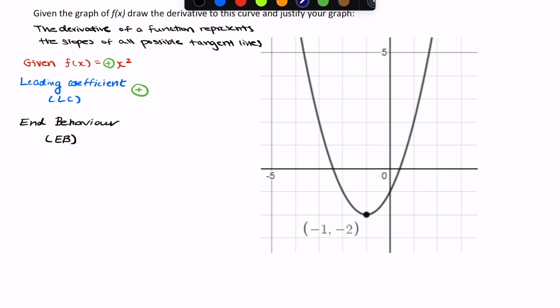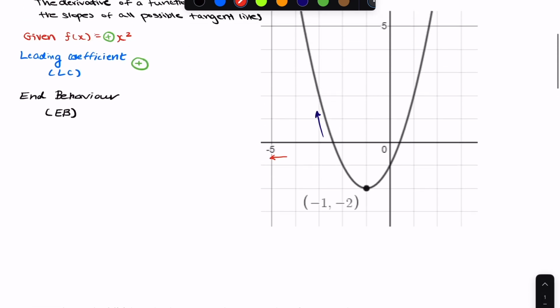And if x goes to positive infinity, f of x will also go to positive infinity.